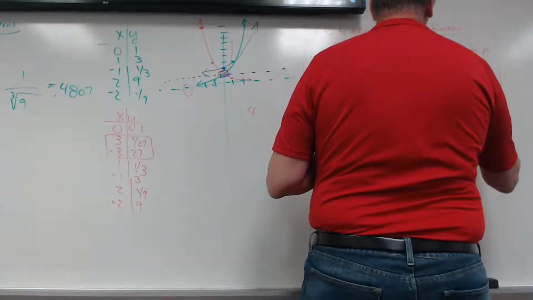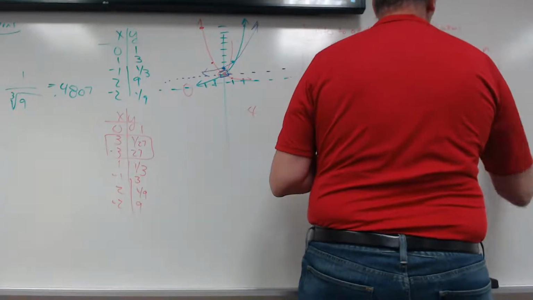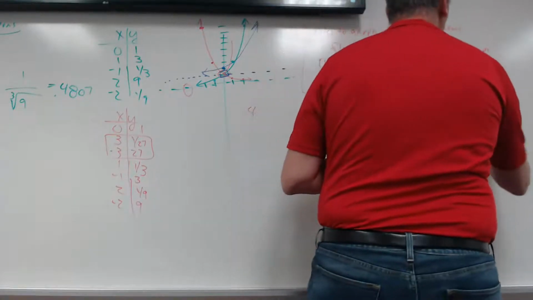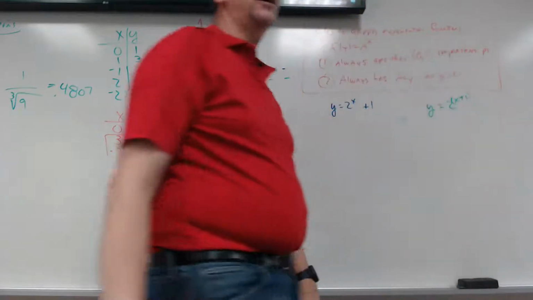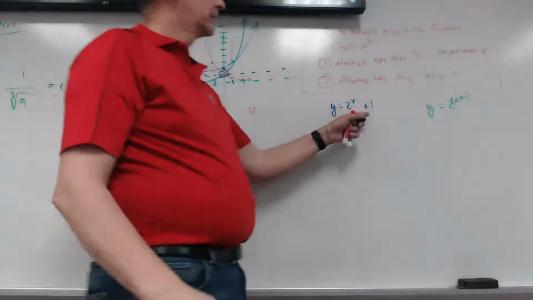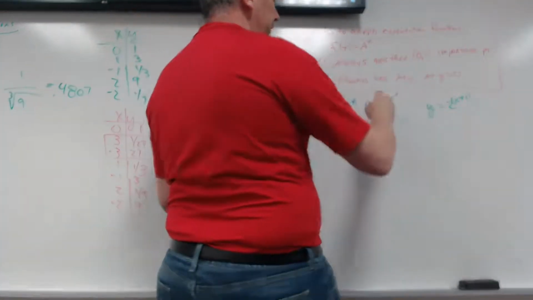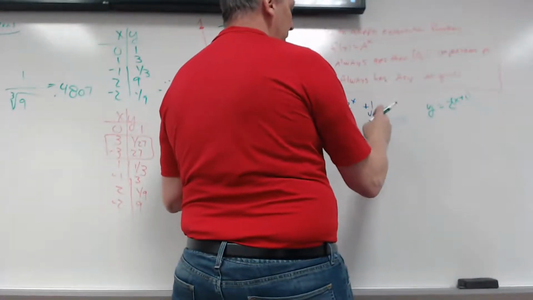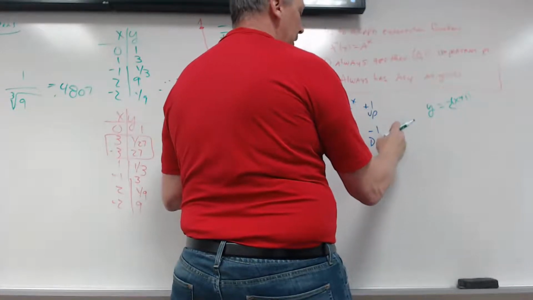y equals 2 to the x plus 1. Oh, I already did that, plus 1. We're going to put that in the exponent there. Okay? What does that do, Demi? Does it move everything down 1? Nope. So the plus 1 out here is going to move it up. The minus 1 would move it down.